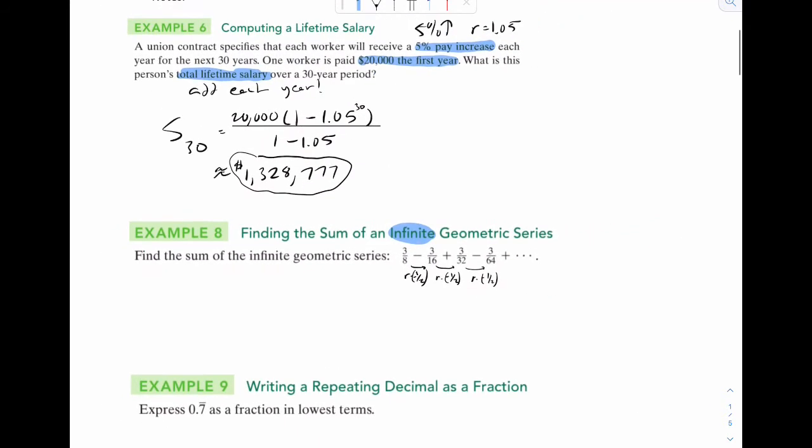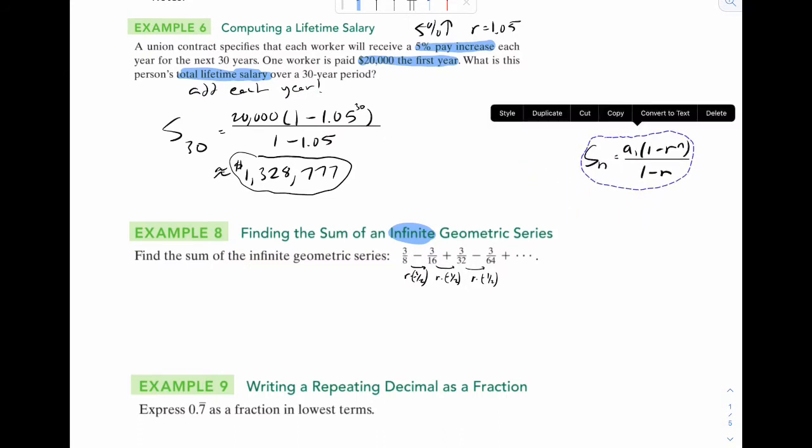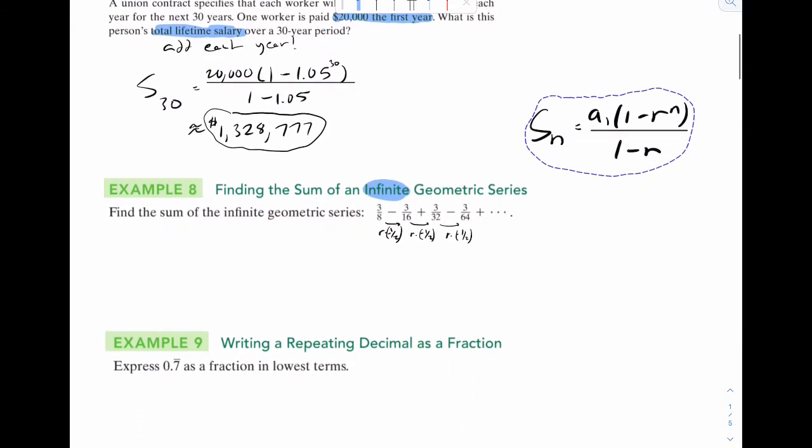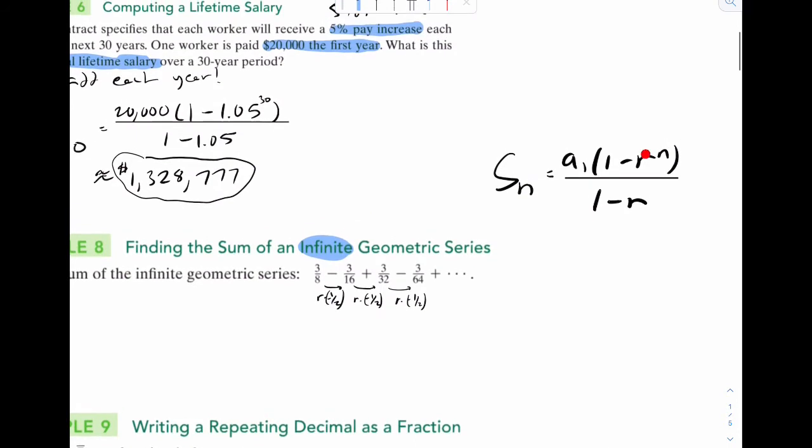So if we look at the sum formula I gave you earlier, we're going to notice something interesting happen when, let's say R were like a half, meaning like a fraction.